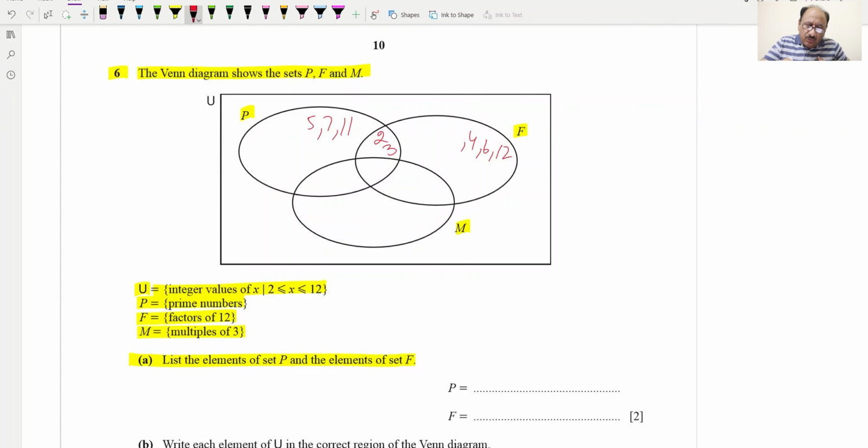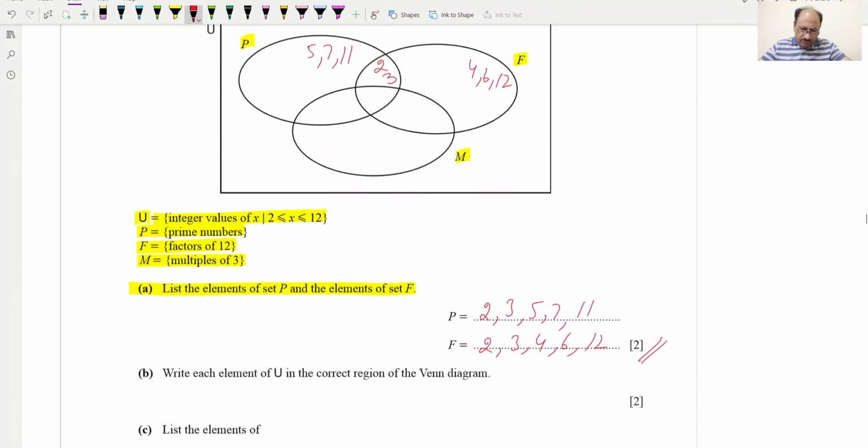So P will be 2, 3, 5, 7 and 11, and F will be 2, 3, 4, 6 and 12. This is the 2 mark question we have answered.